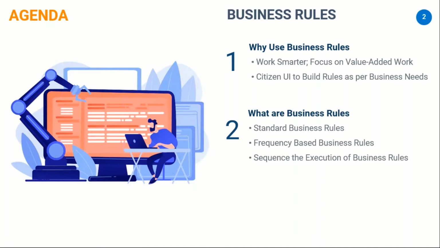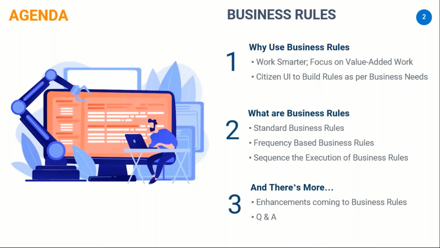We will also get into the application and demonstrate how you can go about setting up business rules, including some advanced business rules. Finally, towards the end, we will look at some of the announcements that we have planned for the upcoming release and open it up for Q&A.